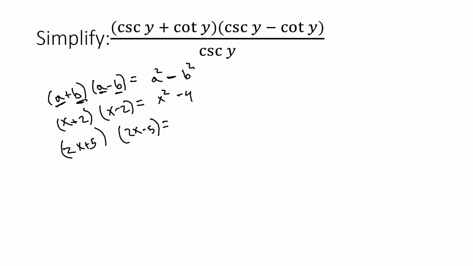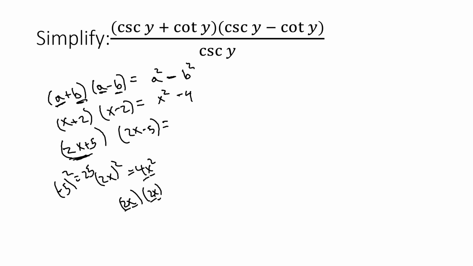The third one would be the same thing. If you square 2x, what do you get? 2x squared is going to be 4x squared because it's 2x times 2x. 2 times 2 is 4, and x times x gives us x squared. If we square the negative 5, what are we going to get? 25.